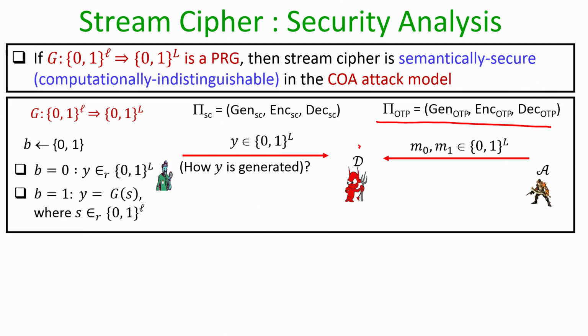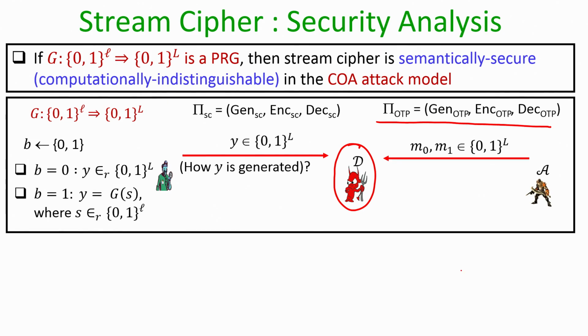Now, what D does is it participates in an instance of the COA indistinguishability game against the adversary A. So, my distinguisher D is now playing a dual role here. On the left hand side part of the reduction, it is participating as the distinguisher and trying to distinguish whether y is pseudo random or truly random. Whereas in the right hand side part of my reduction, D is participating as a verifier of the COA indistinguishability based experiment.